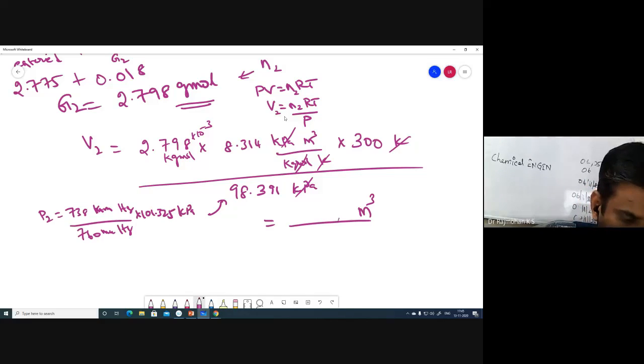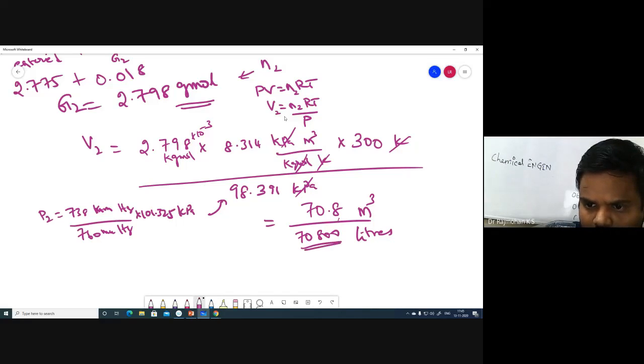Whatever you get, you'll get 70.8 meter cube. So in terms of liters, into 10 power 3, that is around 70,800 liters. Okay, so that is almost 71,000 liters is the answer. So this is the answer for part 1.